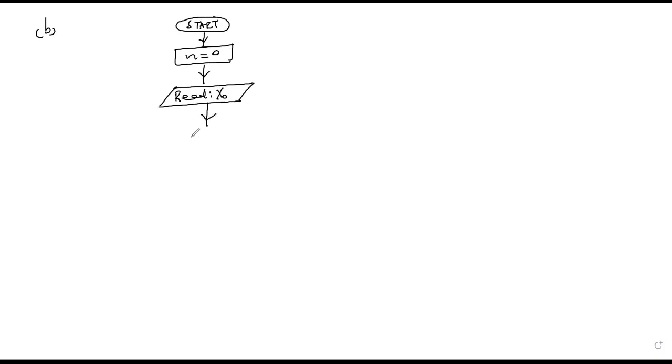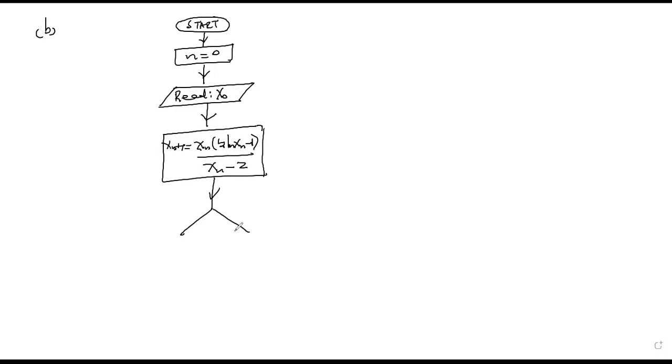Then after that, I'll bring in my formula, which I put in a rectangle, and that formula is xn plus 1 is equal to xn into 2 ln xn minus 1, everything over xn minus 2. Now, after putting the formula, you go to the decision box. You're asking yourself, after substituting into the formula, whether the magnitude of xn plus 1 minus xn is less than or equal to the error.